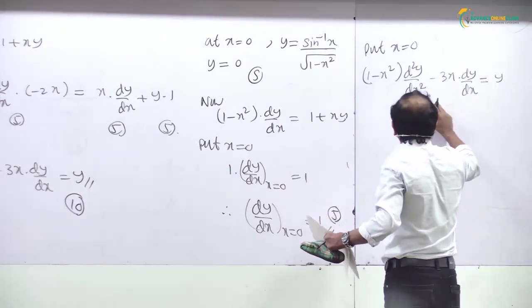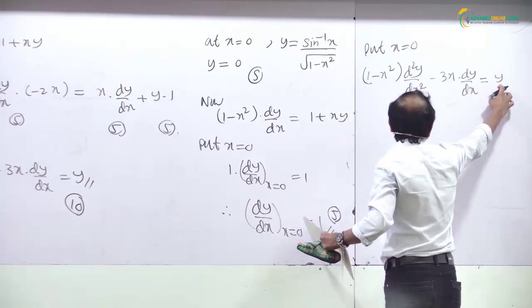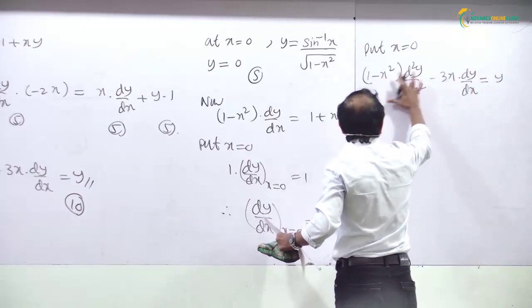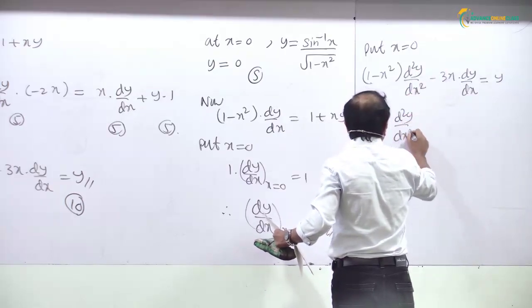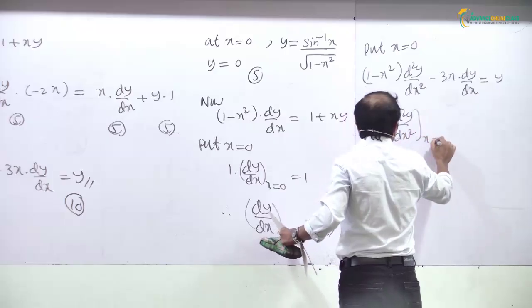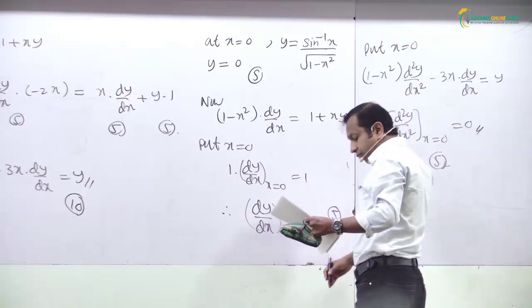So when you put x equals 0, this entire thing will be 0. When x equals 0, y is also 0. Then this is 1. Then second derivative becomes 0 at x equals 0. For this we get another 5 marks.